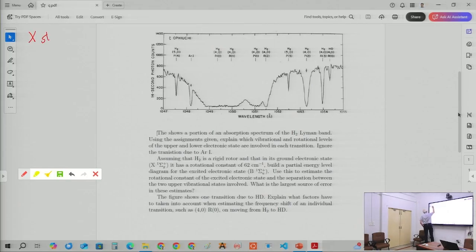So X state: J equals 0 is 0, J equals 1 is 124. The gap is then 2BJ, where J is the upper state. So J equals 2 is 2BJ, so it's 4 times that, which is 248.